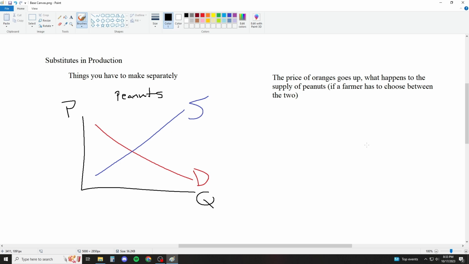So a farmer can choose between oranges or peanuts. Would you rather sell more expensive oranges or the same price peanuts? You'd rather sell more expensive oranges. So that means that the supply of peanuts falls. It's decrease.